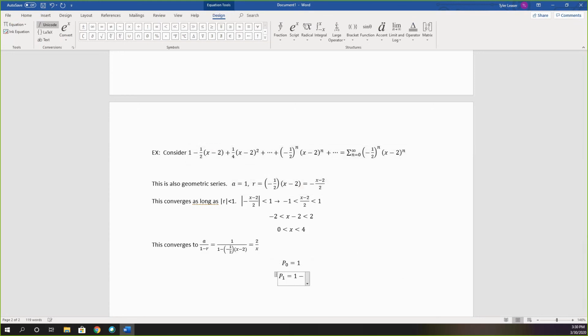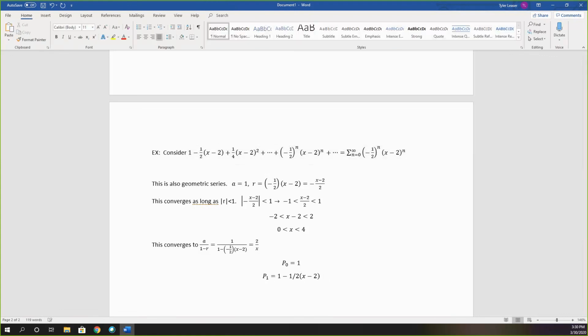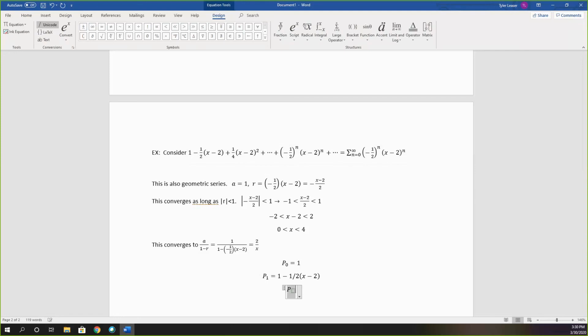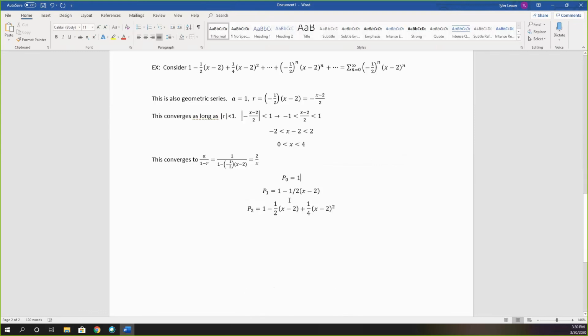So 1 minus 1/2 times x minus 2. You want to think of these, remember, as being those partial sums from before. So this p sub 1 is like the partial sum of my series, just the first 2 terms. P sub 2 would be the partial sum of the first 3 terms. So it would be 1 minus 1/2 times x minus 2, and you'd also have plus 1/4 times x minus 2 squared. And then you can just keep going and get all these different polynomials.